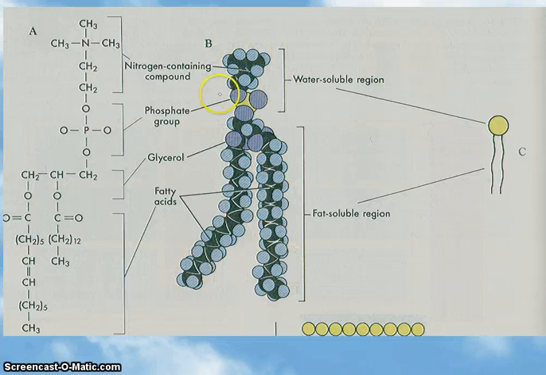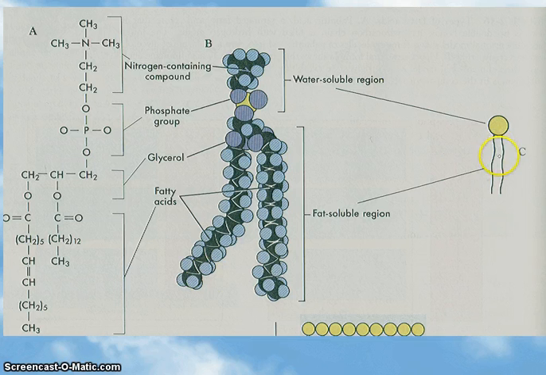This region up here, which is sometimes referred to as the head of the phospholipid molecule, is water soluble. Because it's polar, it's going to be attracted to those polar water molecules. This region down and along here, which contains the fatty acids, is insoluble in water or soluble in fats.